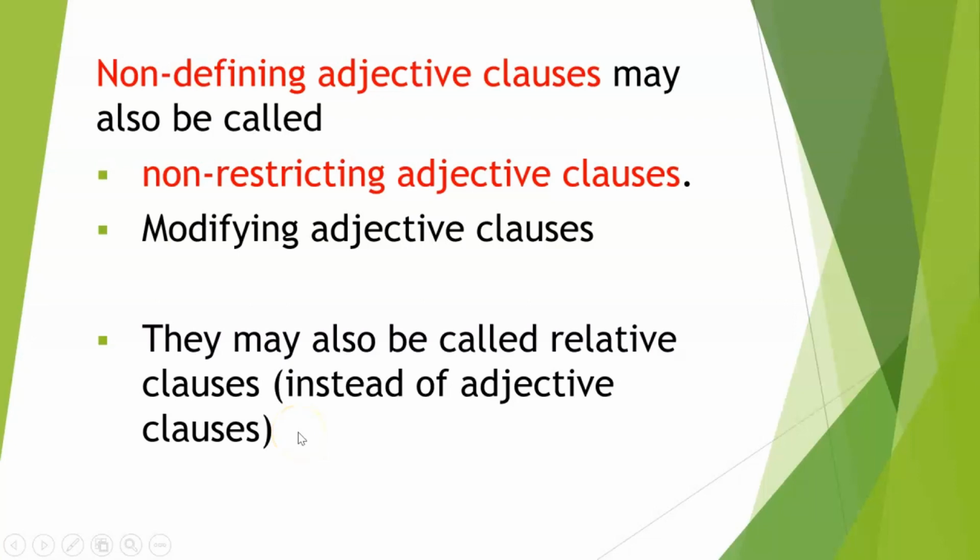So we have many different names. We've got non-defining adjective clauses, non-restricting adjective clauses, modifying adjective clauses, and then even the word adjective clause, we could use relative clause instead. So these are just some of the different names that we use, but they are all the same grammar point.